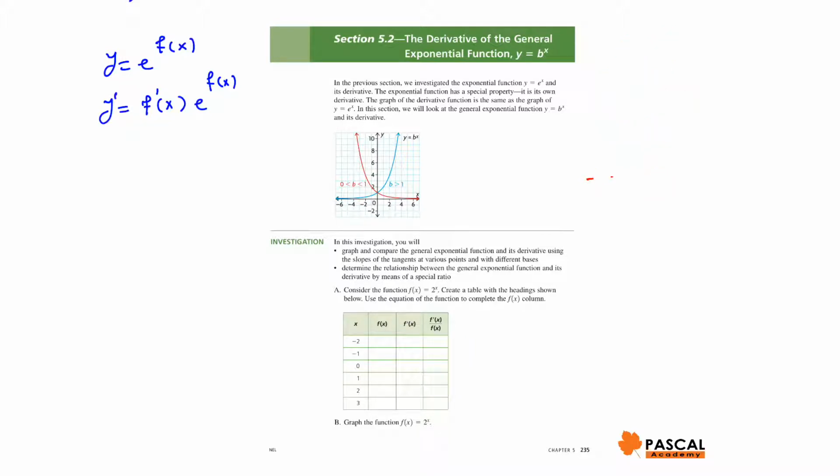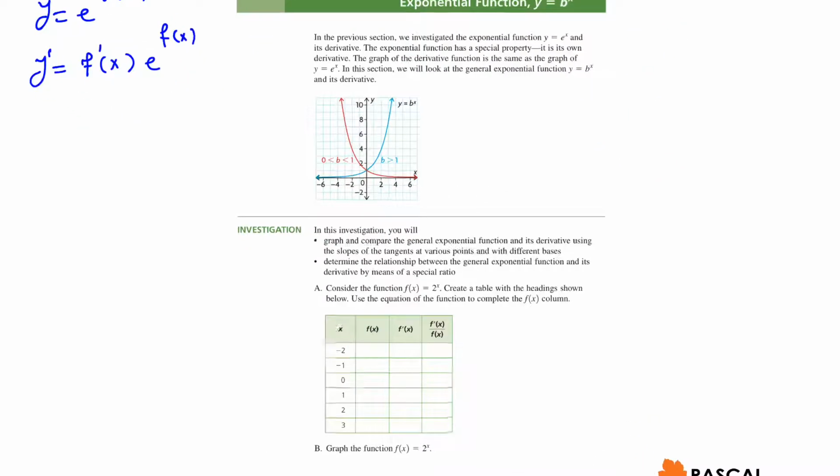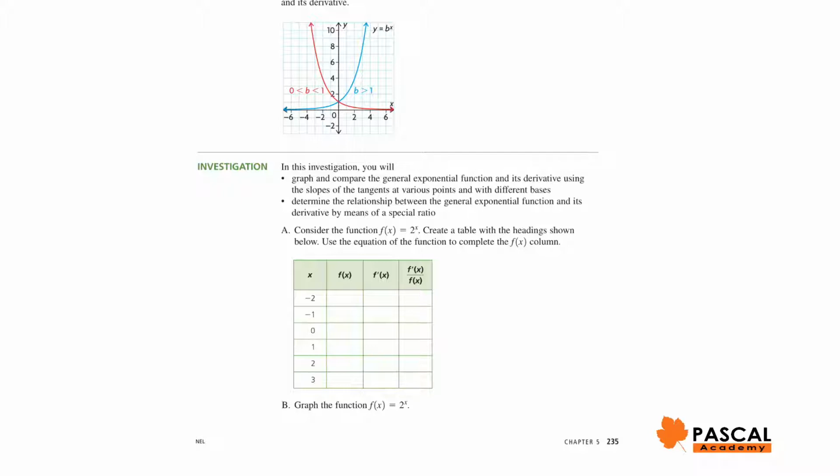In this section, we work with the derivative of b to the power of x when b is a constant. We know b to the power of x is the same as e to the power of x ln of b.